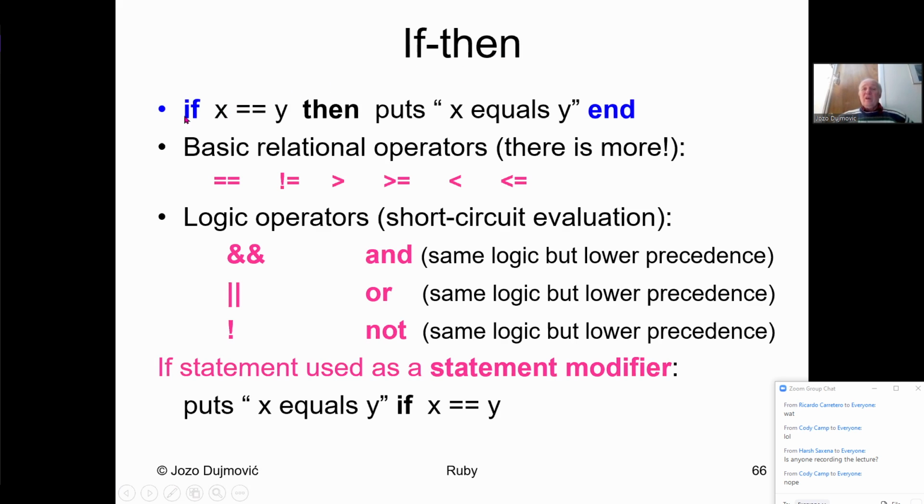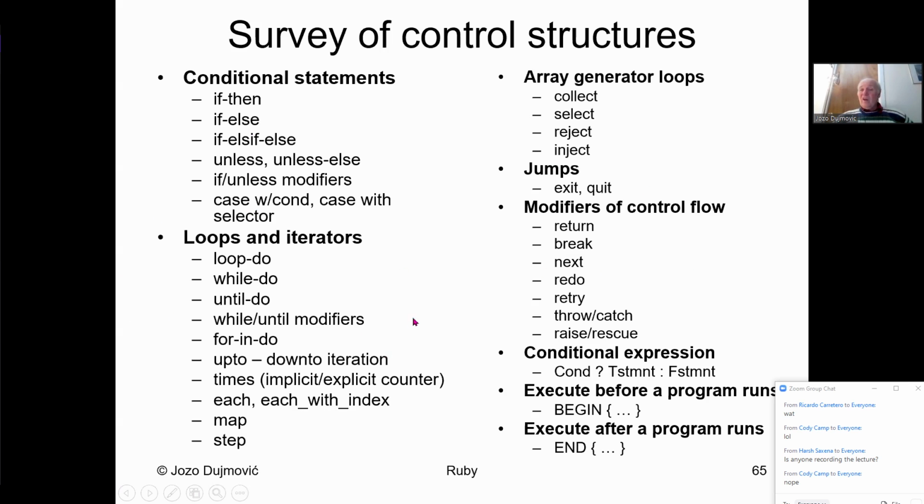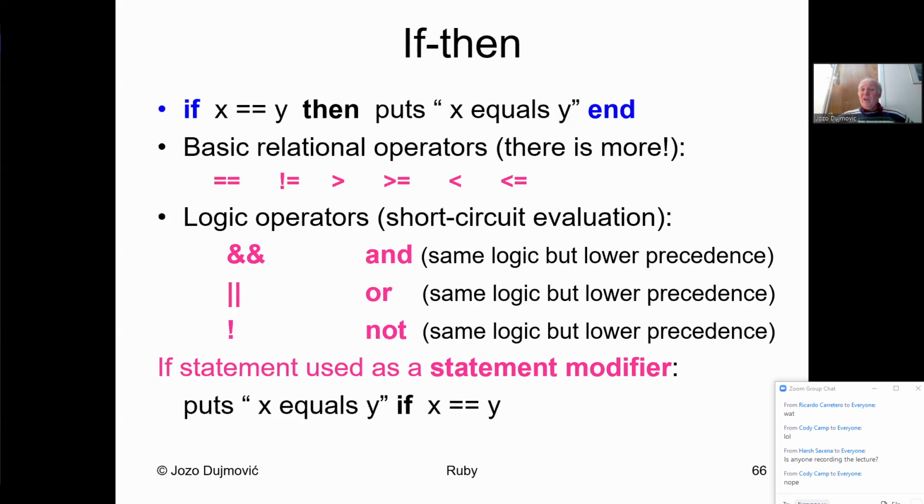If-then: if is written as an expression and returns a value. All of them here return a value. Some of them return a specific value, some of them return the last statement, some of them return nil, but they always return a value, same as in Scheme. So if starts with if and terminates with end, and returns a value.